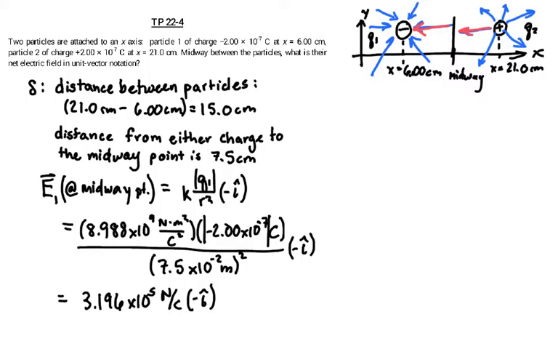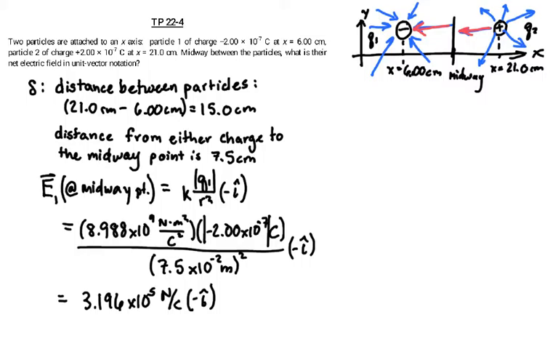If we left the sign of the charge in there, then we'd have a problem because our direction information would have an inherent negative sign because of the charge. So always take the absolute value of the sign on your charge and allow the negative or positive aspect of the component of the electric field due to a particle to be based off of where you're measuring the electric field. Okay, so that's the whole idea behind drawing out or using a sketch so that you can see what direction your vectors are pointing.